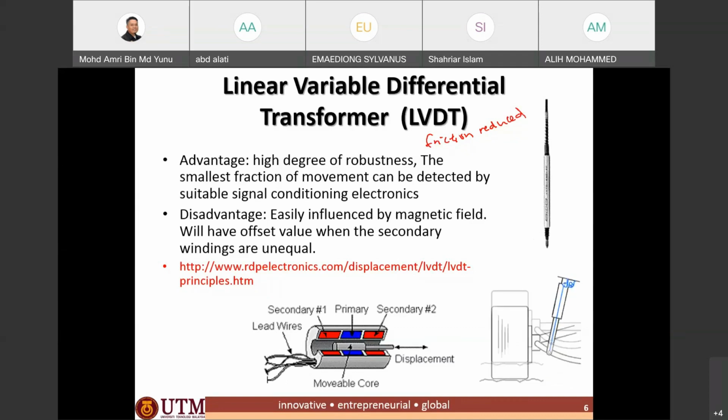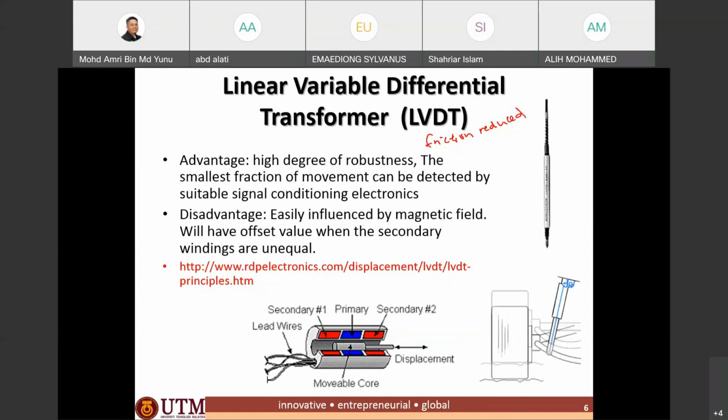The disadvantages of LVDT, it is easily influenced by magnetic fields, because this is an inductive device, so it must be used away from noise that is produced by other magnetic field source devices.